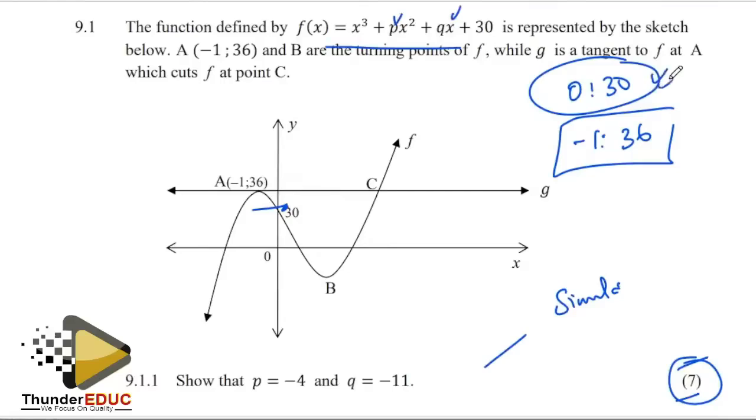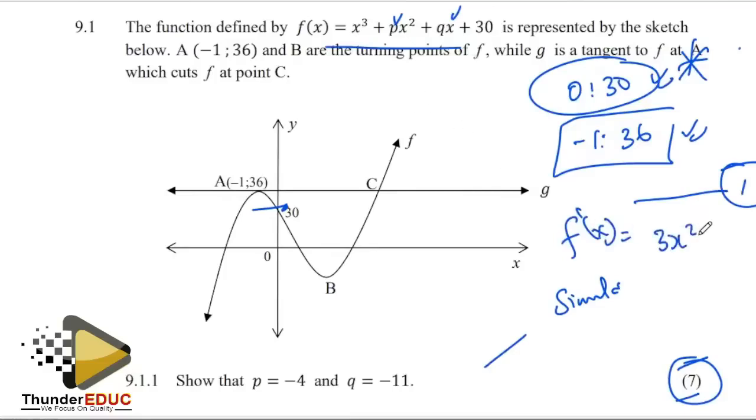So first get this 0 and 30, substitute it. Where there is f of x or y, put a 30. And then that is going to give us the same thing. So this is not going to help. Let's use this. -1 and 36, substitute it. We're going to get the first equation. Then get the first derivative of x, which is going to be 3x squared plus 2px plus q.